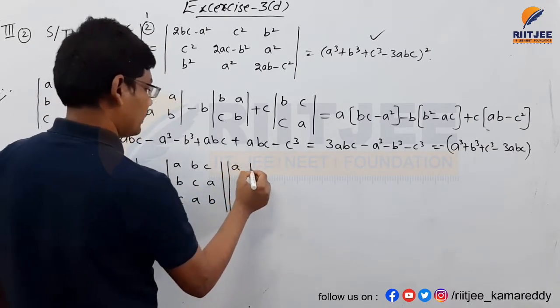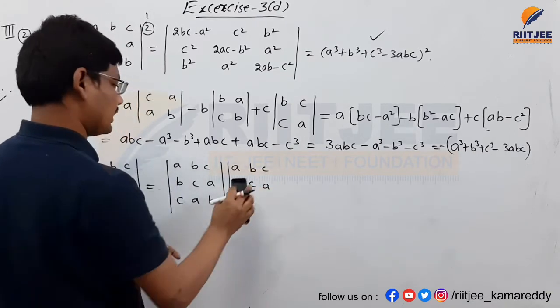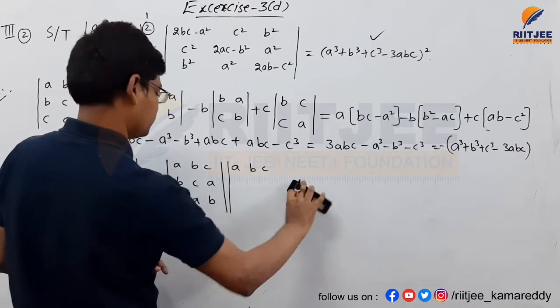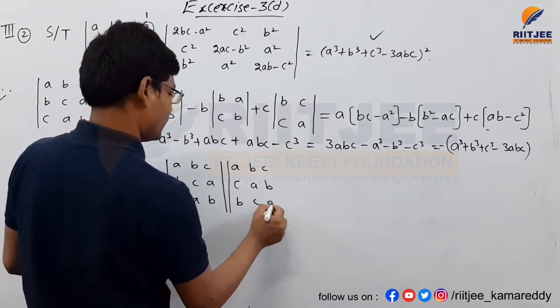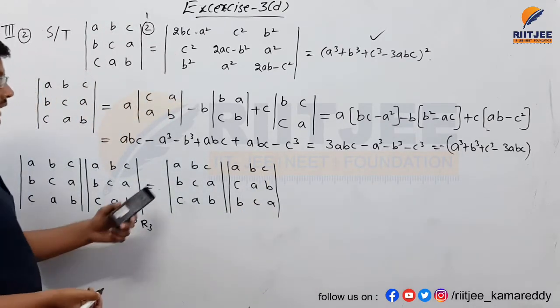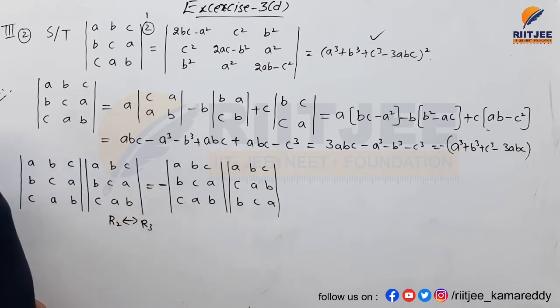So A B C, B C A, sorry, after interchanging: C A B, B C A. After interchanging here, I am taking a negative symbol for determinant 1.